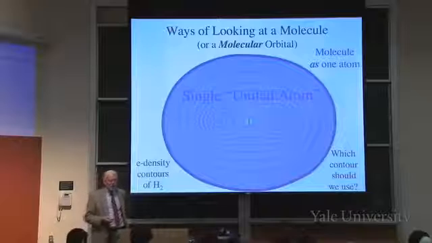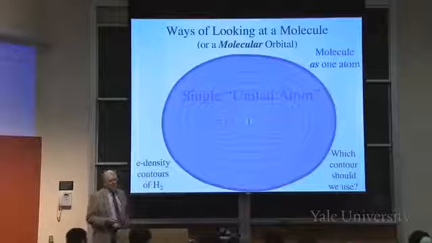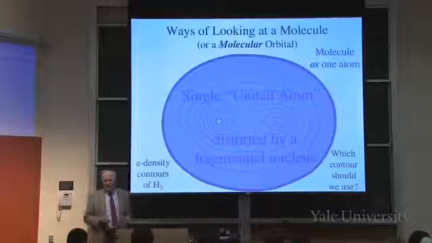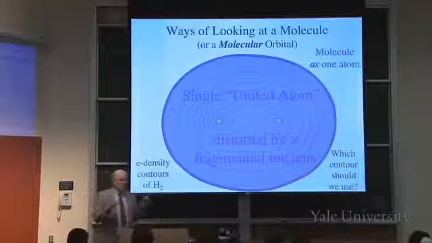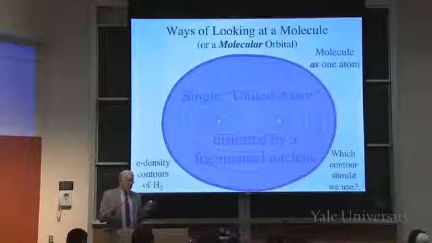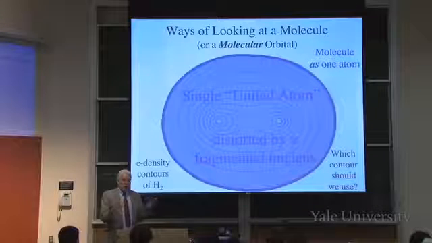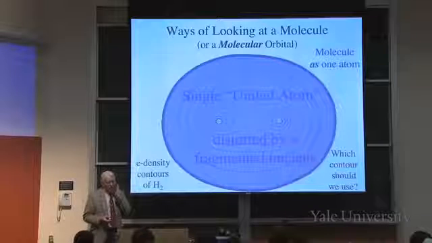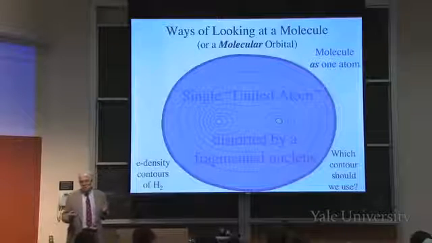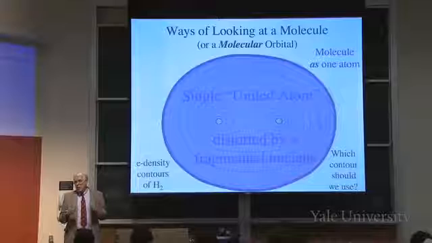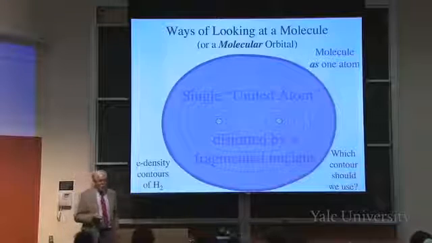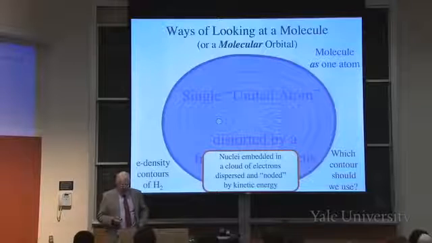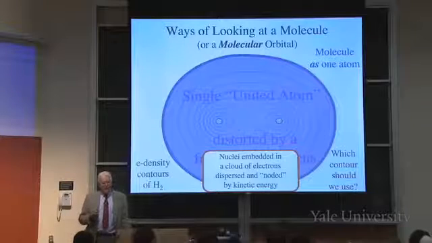The only difference is that the nucleus, which for an atom would be in the middle, has been split to give two nuclei, which of course distorts the shape of the electrons a little bit. So we want to look at a few molecules from this point of view as single atoms, because we know about atoms now, but distorted by the fact that the nuclei have been split apart. So this is nuclei embedded in a cloud of electrons.